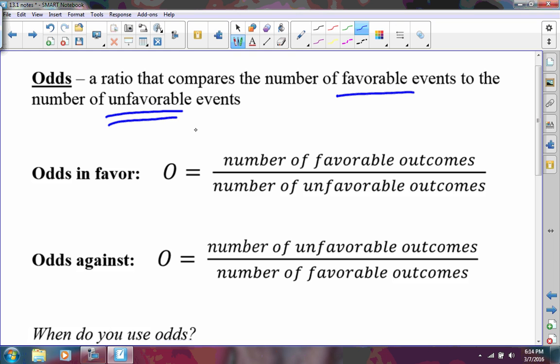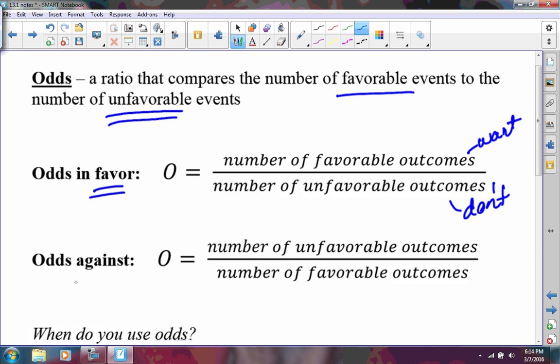So now you're not comparing the favorable events to all events. You're just comparing favorable and unfavorable. So it's what you want versus what you don't want. So if you're comparing what you want, the favorable, to the unfavorable, that's odds in favor.